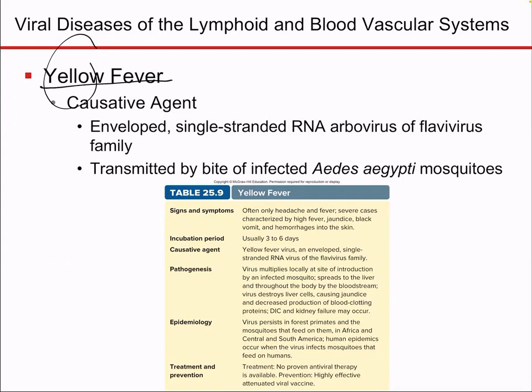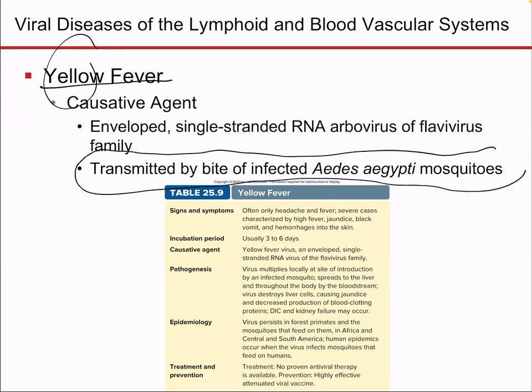I mentioned to you that this is a zoonosis because there is a vector that transmits that virus to humans, and that vector is the Aedes aegypti. It is a major vector that is not only transmitting yellow fever, it may also transmit other diseases like dengue fever, Zika, chikungunya.